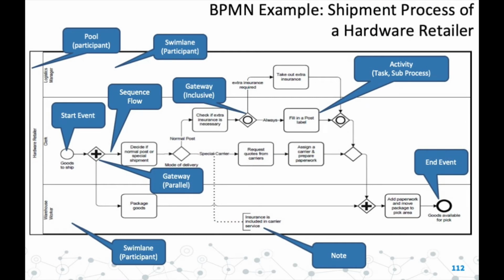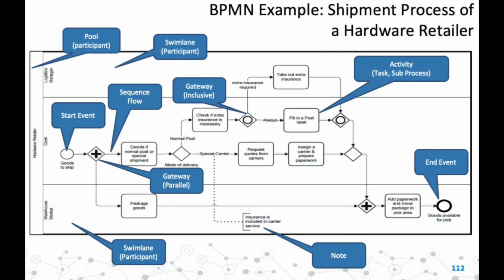Let's take a look at how these elements are put together in an example. The purpose of this slide is to give you the look and feel of a BPMN process model and show how the various BPMN entities are used. This type of BPMN diagram, which is a single pool diagram, is referred to as a process diagram. The pool has several swim lanes though, and you can see that the process starts with the shipment event.